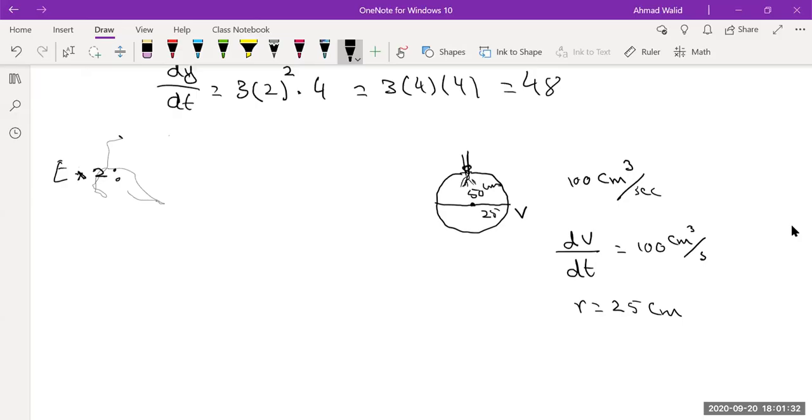For example, here, if I show in this diagram, if I pump more air like this, the balloon is getting bigger. It means the radius is changing. The radius is also getting bigger. What they're asking us here is to find the rate of change in radius. It means dr over dt.